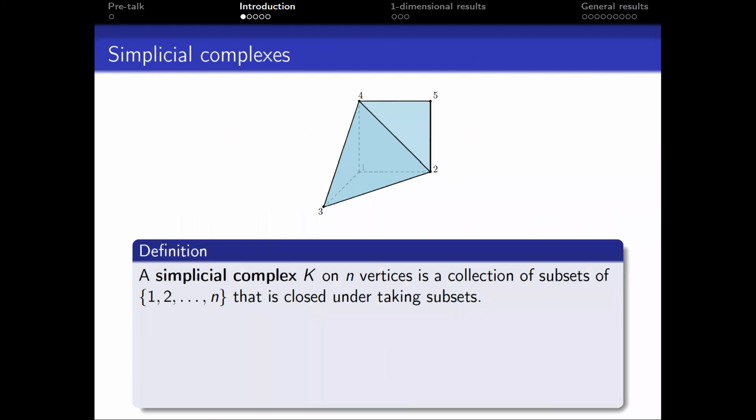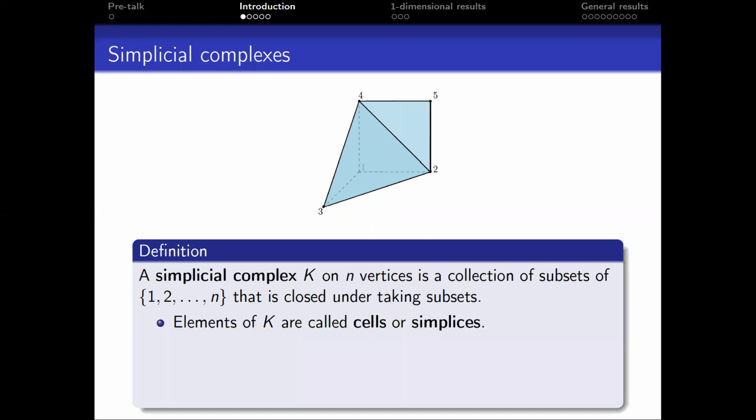But then we go to the general version of the talk, that is, we are going to do this for simplicial complexes. So what is a simplicial complex? You can imagine just a set theoretical definition. You take the numbers 1, 2 until n, and then you take a collection of subsets of that set that is closed under taking subsets. A graph itself is a simplicial complex because edges are subsets of two elements, and every subset has the vertices that are the endpoints.